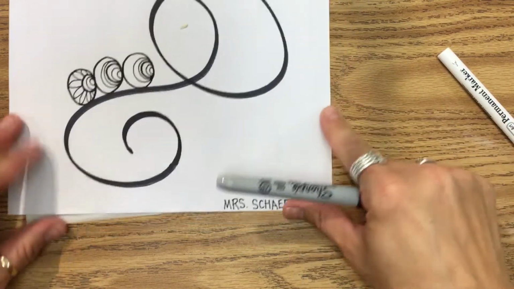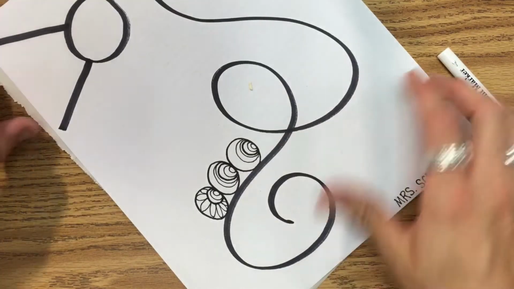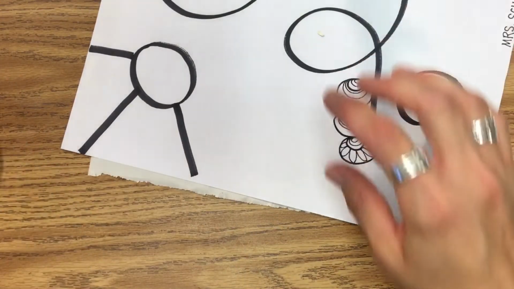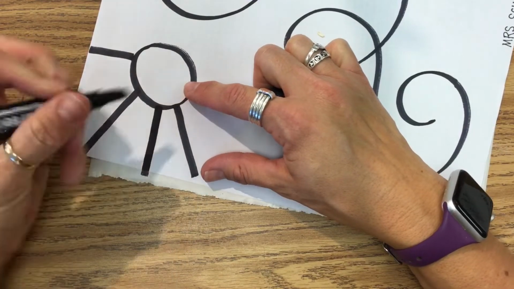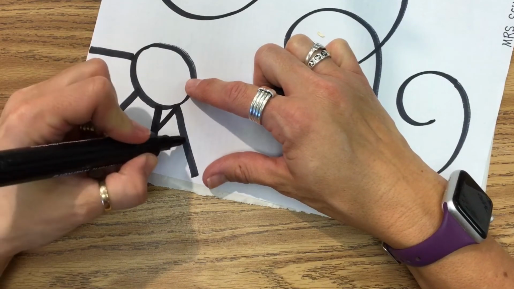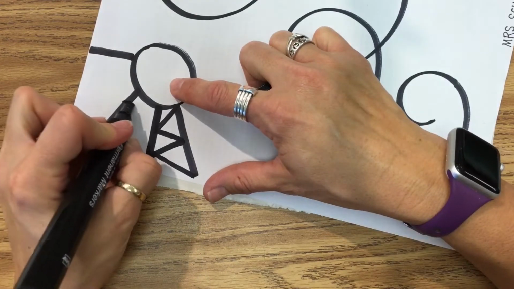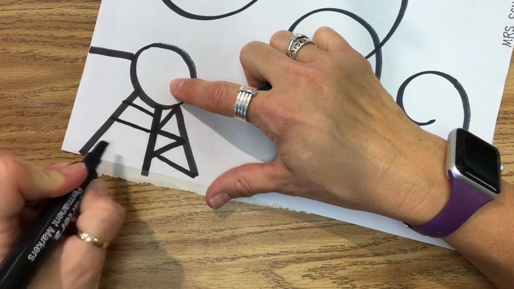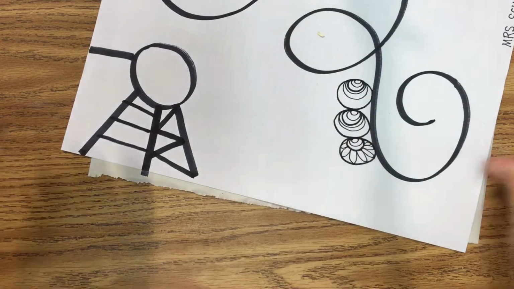Let's see, the next one on that sheet is some straight lines. So we're going to take a look at that. So I might make another little space right here. I'm going to do like a zigzag here. And I might do some straight ones here. And I'm going to fill in between with skinny lines.